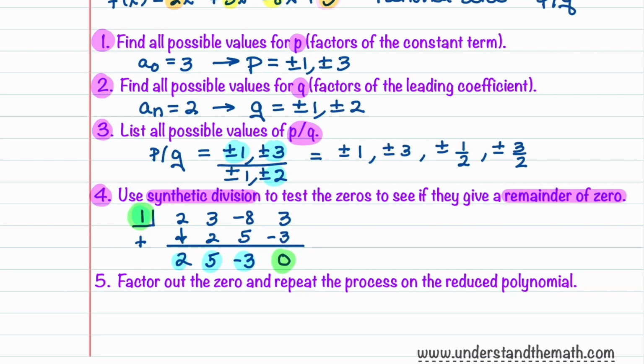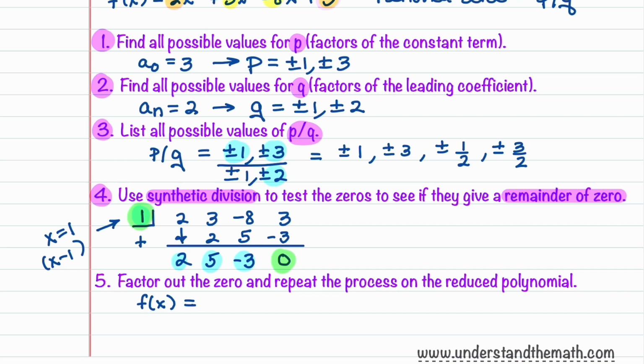Because we have a cubic polynomial and we already found one root, we don't have to use synthetic division anymore because our polynomial is going to look like this. We're going to have f of x is equal to, our synthetic division told us that x is equal to 1 is a root, so that means that x minus 1 is a factor. So we're going to write that factor first.